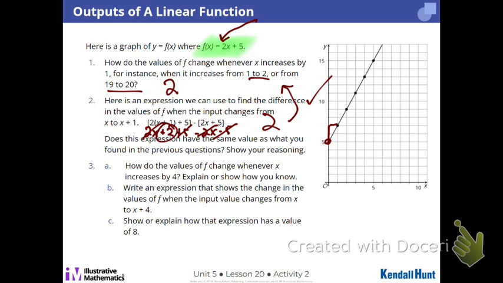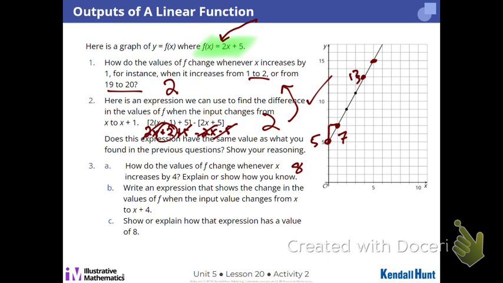Okay, so next it's asking, how do the values change if we increase by 4? So if I started at 5, and after 4, I get to 13, how much did that go up by? 8. Okay, let's do another one. Let's start at 2. So 2 is at 7. 4 more is at 6.